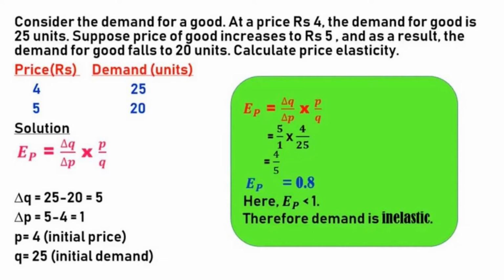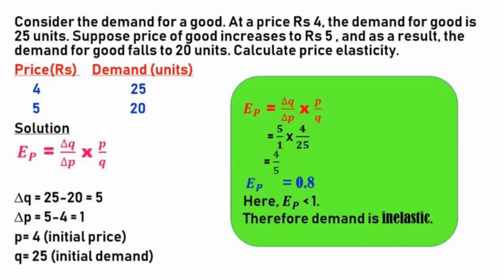Now you have to present this here. Price elasticity of demand is equal to change in quantity divided by change in price into price divided by quantity. So the change in quantity is 5, divided by the change in price, 1.